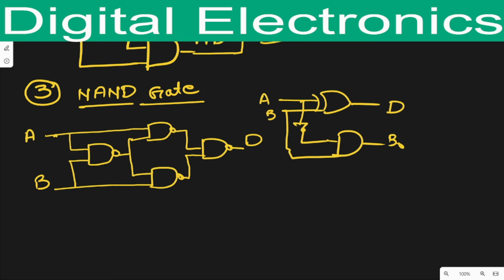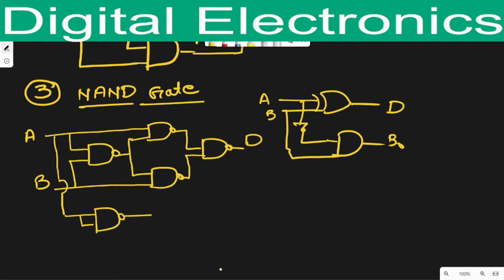So what I will do is connect A to both inputs, and by connecting both inputs we can find out A bar.